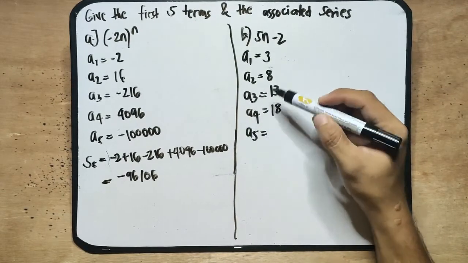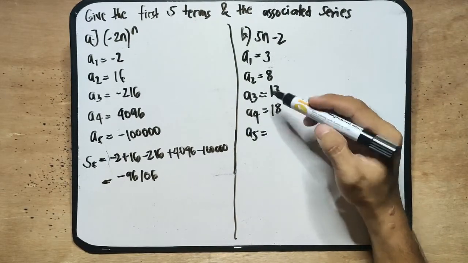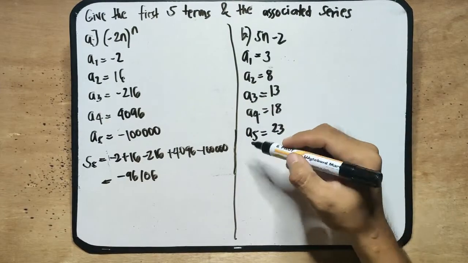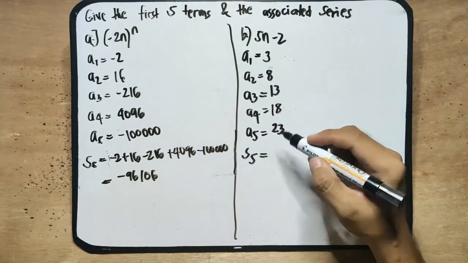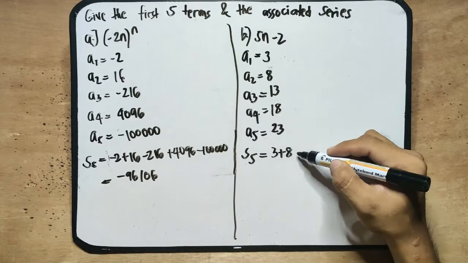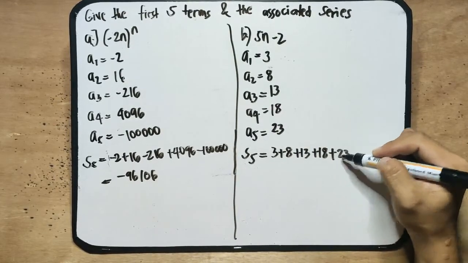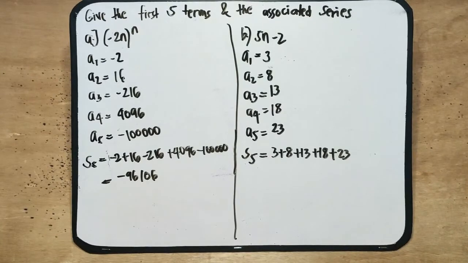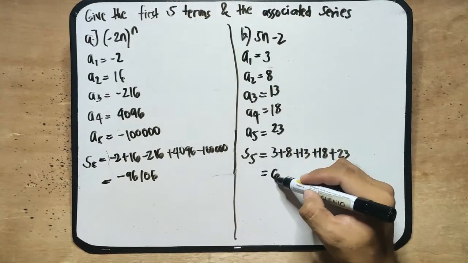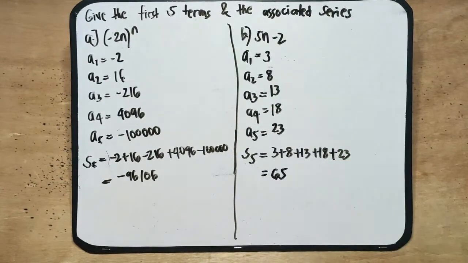And the fifth term, we have 5 times 5 is 25, minus 2 is 23. So the associated series for these terms, we have 3 plus 8 plus 13 plus 18 plus 23. So adding these five terms, it will give us 65 as the value for the associated series.